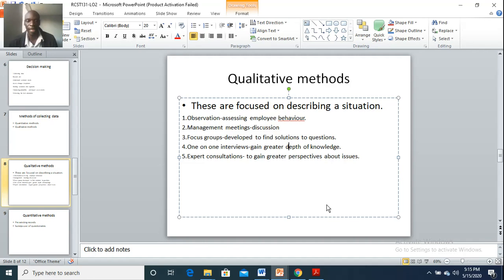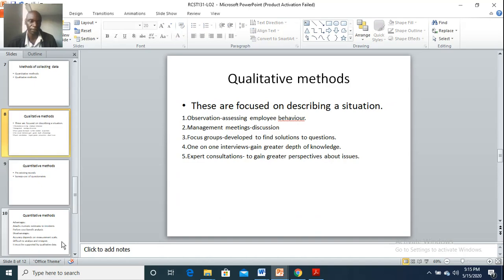Those are focused, they have purpose. Then one-on-one interviews. If you want to gain deep information about a certain event, about a certain risk, you can do a one-on-one interview. Then expert consultations. There are some people who have been in the field for a long time, so they can help also by giving a wider perspective.